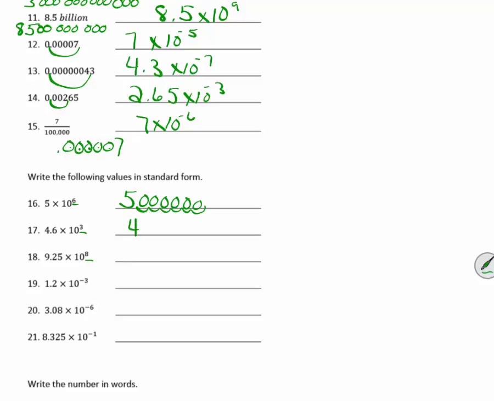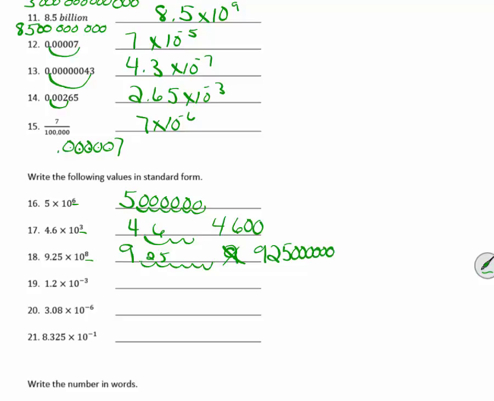So here's 4.6. If I go 3 places, it's really going to be 4,600. 9.25 to the 8th, so I have to go 8 places, which is going to look like this.